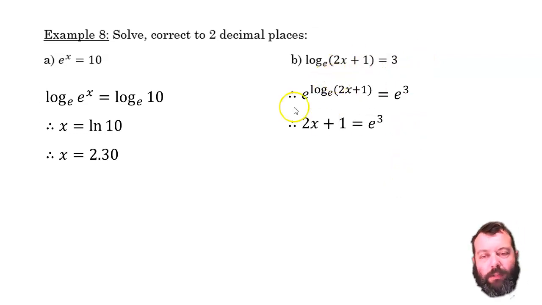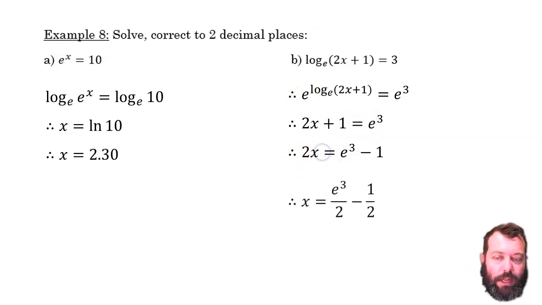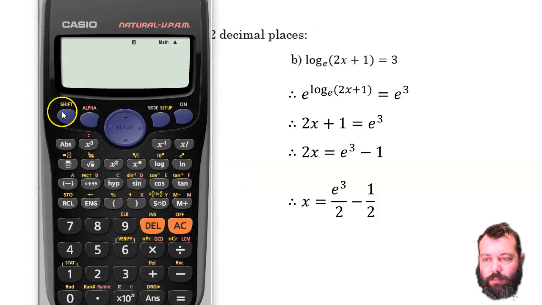It's one of our basic log laws. Now if 2x plus 1 equals e cubed, remembering that e, while it might be irrational, is a constant, we just make x the subject of that, and that means that x is e cubed over 2 minus a half. Let's grab the calculator.